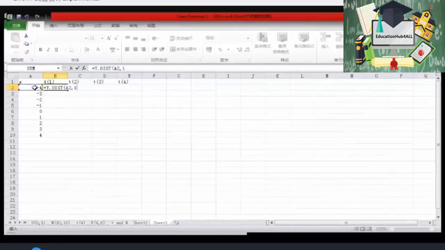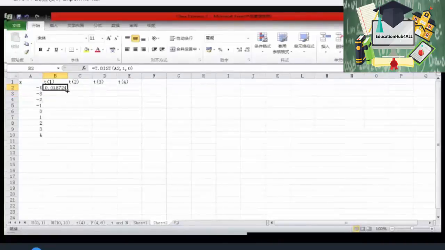So here we talk about the degree of freedom 1, and we talk about the density function. So here we input 0. Okay, so similarly you just drop down.